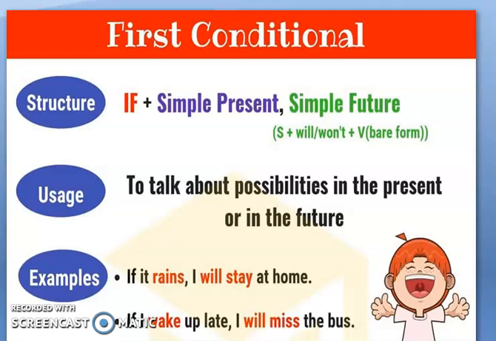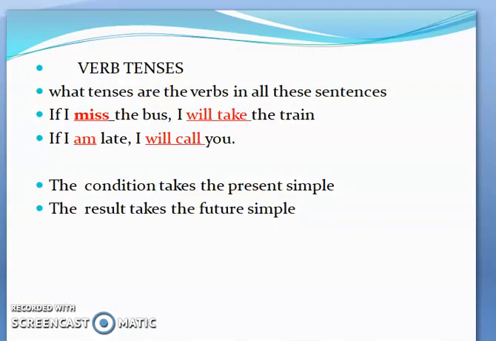Look at the second example. If I wake up late, I will miss the bus. Now in this slide, you can see what verb tenses we are using in the first conditional sentence.